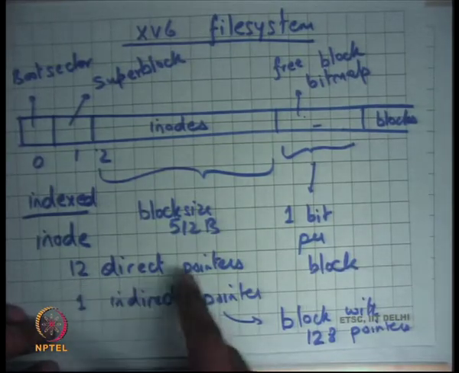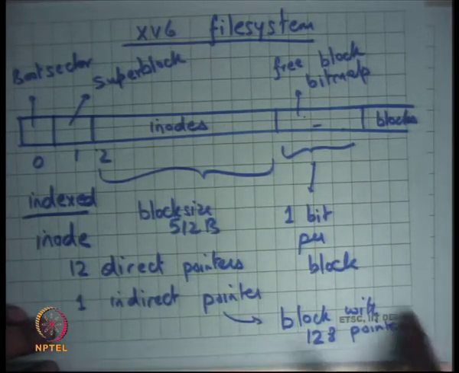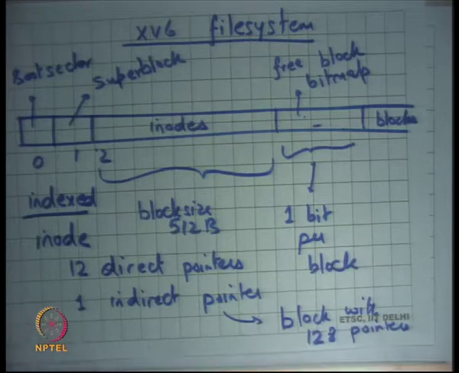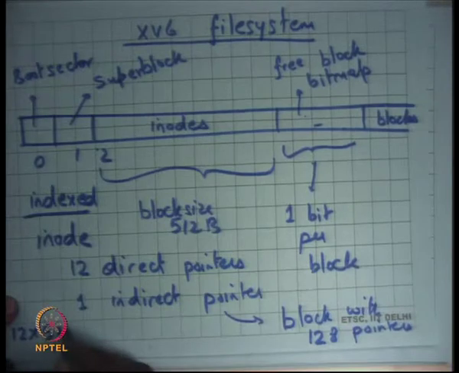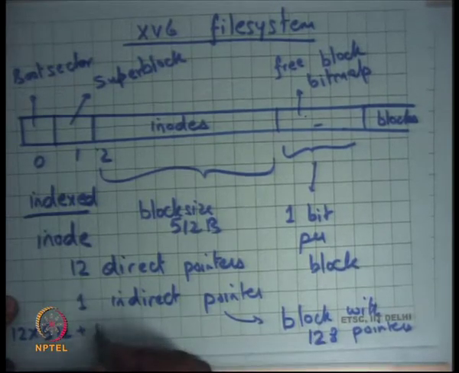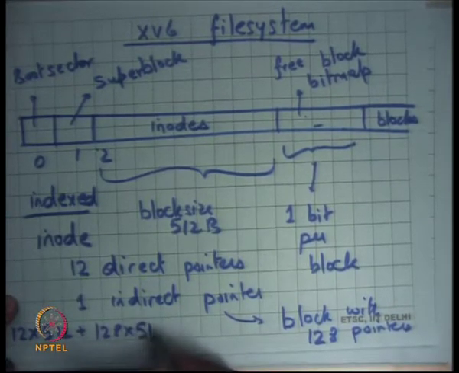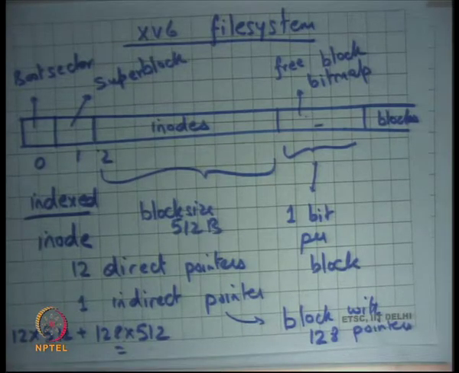So you have space left for only 13 pointers in the inode, but in the indirect block, you have the whole space available for pointers. Right? So you can calculate the maximum size of a file: 12 times 512 bytes plus 128 times 512. That's the maximum size of a file you can have, roughly 64 kilobytes.